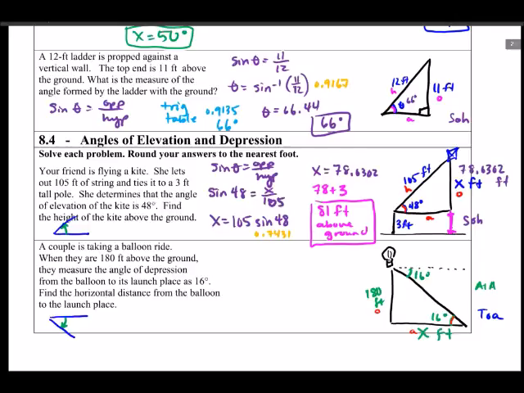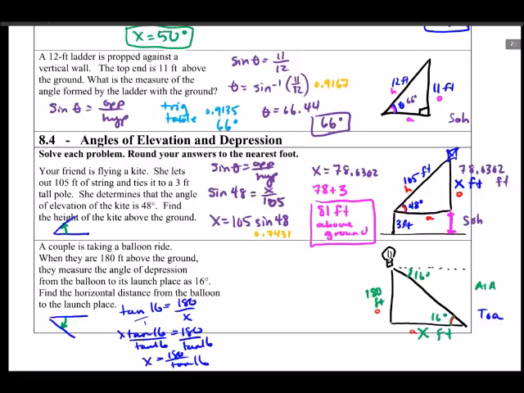And what we would get is the tangent of 16 equals opposite 180 over adjacent x. And then you know you have to multiply across, and everything gets really hard, right? X tan 16 equals 180, divide by tan 16, divide by tan 16, and x equals 180 over tan 16.